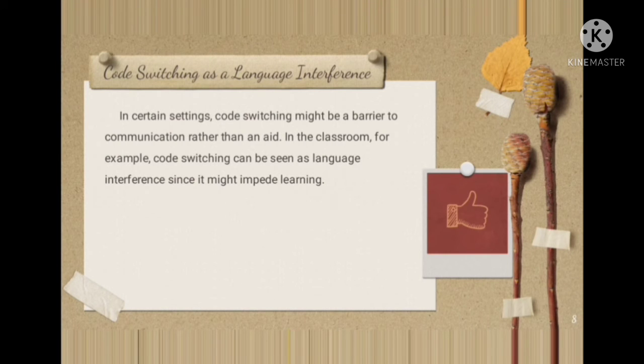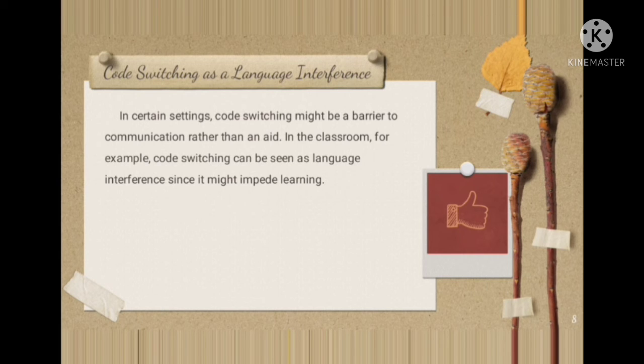And the next is code switching as language interference. In certain settings, code switching might be a barrier to communication rather than an aid. In the classroom, for example, code switching can be seen as language interference since it might impede learning.